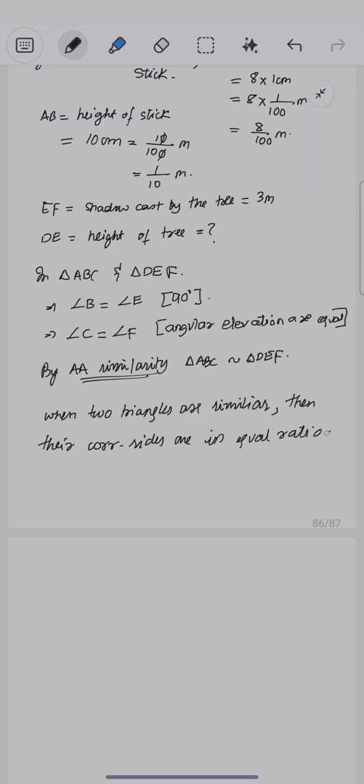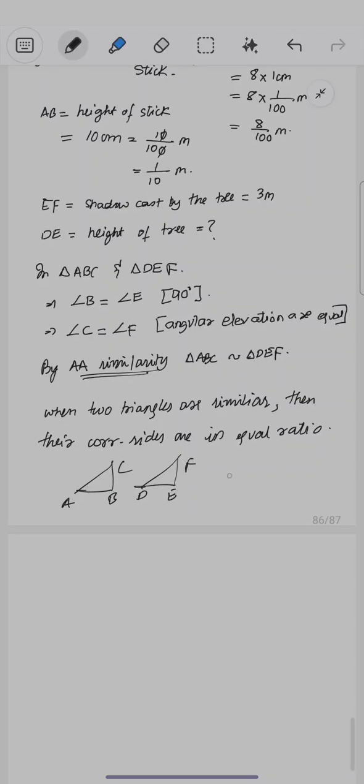Let's say triangle, this is A, this is B, this is C, this is D, E, F. If they are similar, AC by DF is the ratio, AB by DE, BC by EF.